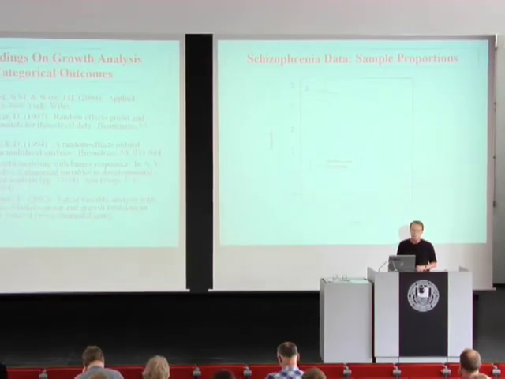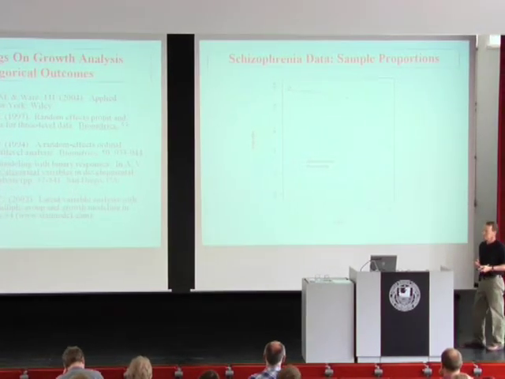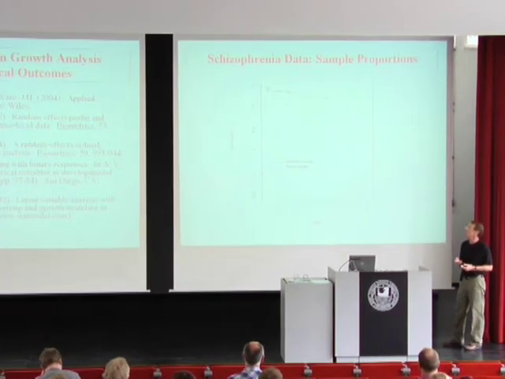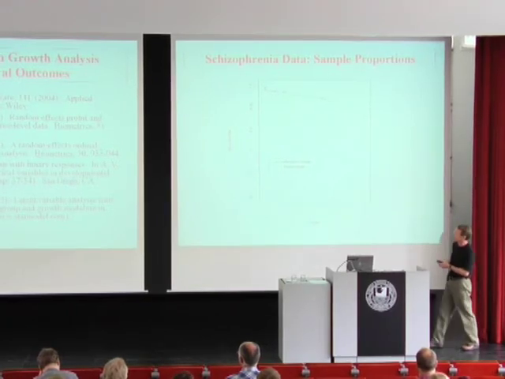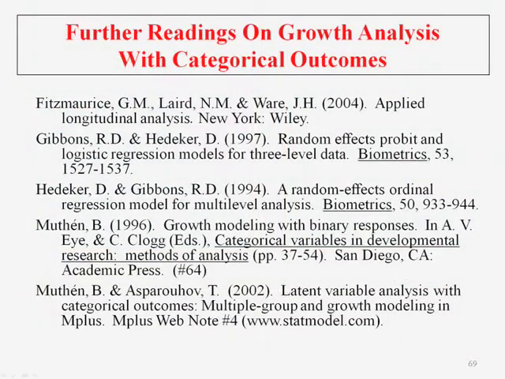Now, if you want to read about this, I find that growth modeling with categorical outcomes is often not treated very thoroughly in books, but there is one book here, Fitzmaurice and Laird and Ware from the Northeast in the US. They have written a nice book which is fairly applied and does treat the categorical case.